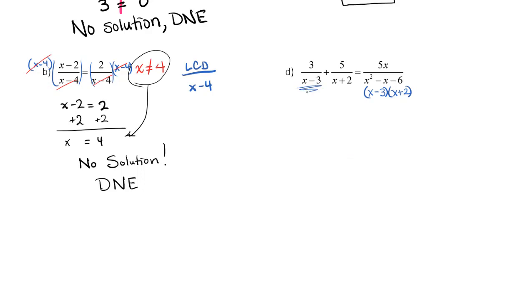That's convenient because the two denominators that I had were also x - 3 and x + 2 in the other two fractions. So let's see what our restrictions are. x cannot equal 3. x cannot equal -2. Those are also what we had in the denominator on the right side of the equal sign, so now I just need to list my LCD, which is (x - 3)(x + 2).